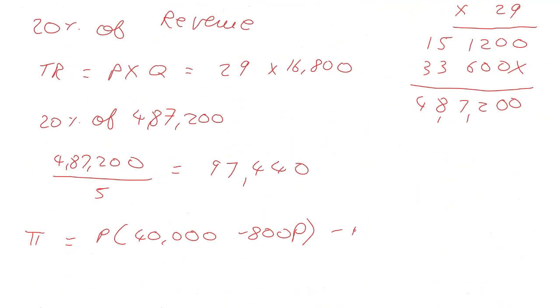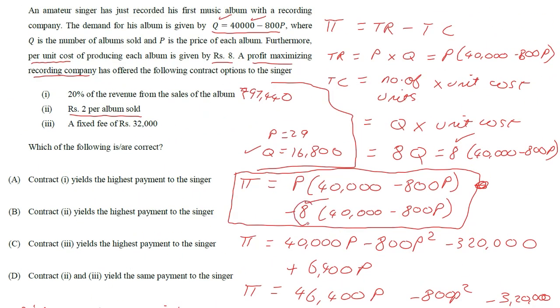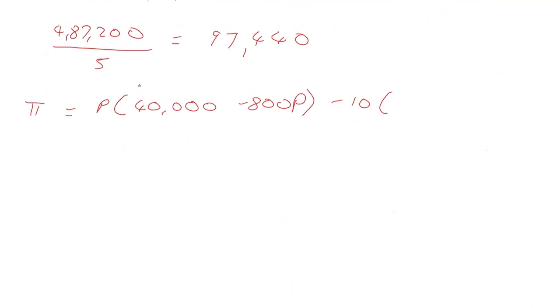It won't be 8, it will be 10. Remember why 10? Because it is going to be 8 plus 2 is 10. 40,000 minus 800 P.